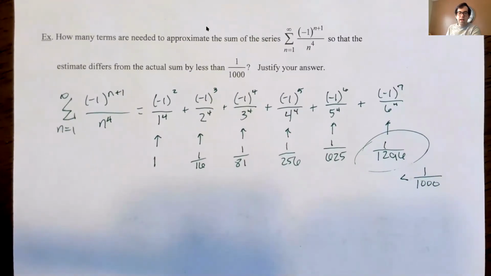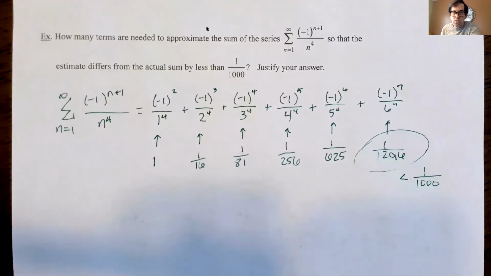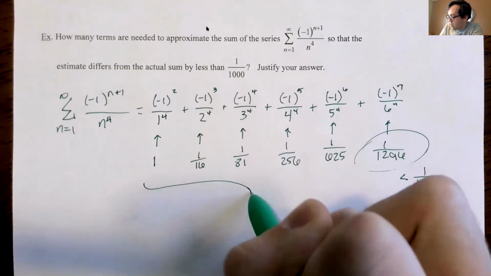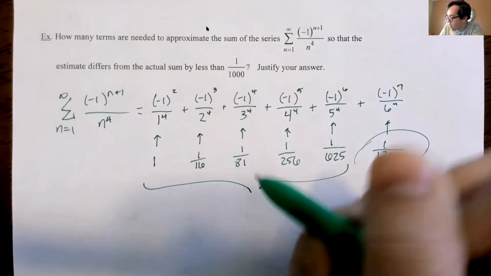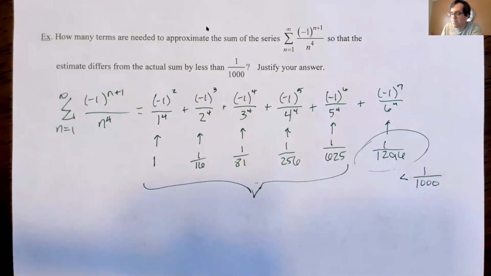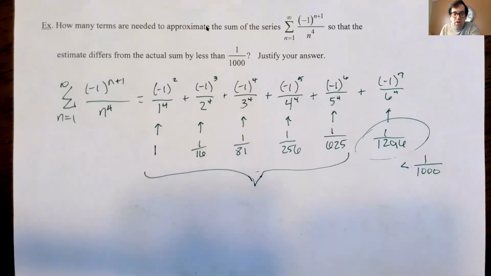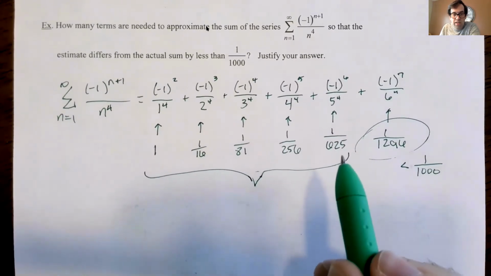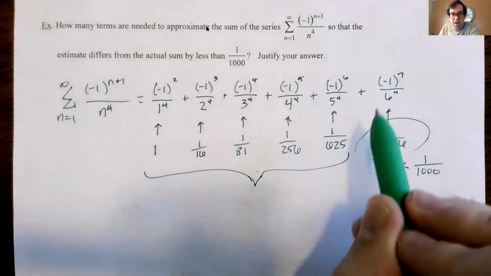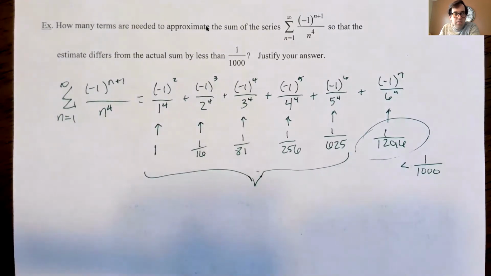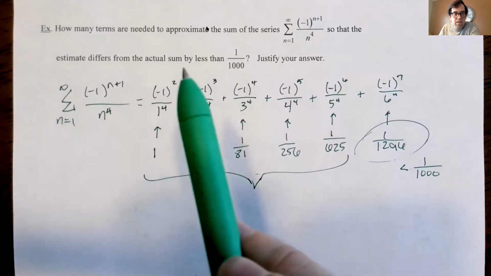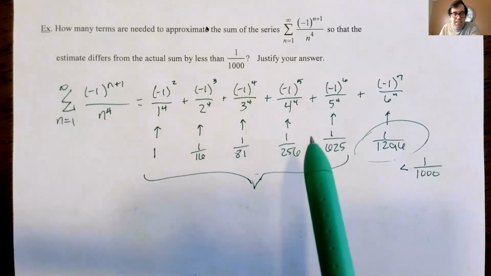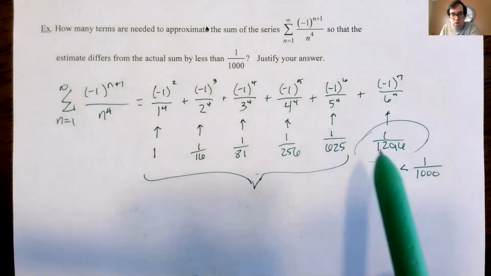So it would be really great if this term was our error bound, right? So what we're going to say is everything until that point is going to be part of our partial sum. And then the next term that's cut off would be our error bound. So the question again, how many terms are needed to approximate the sum so that the estimate differs from the actual sum by less than 1 over 1,000?